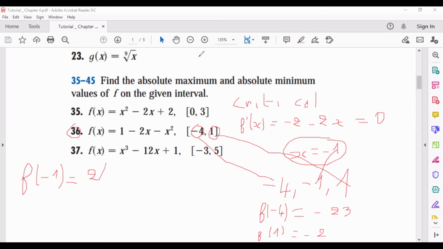Check the output of these numbers. The output is the following. First of all, it's minus 23, right? What about minus 4?